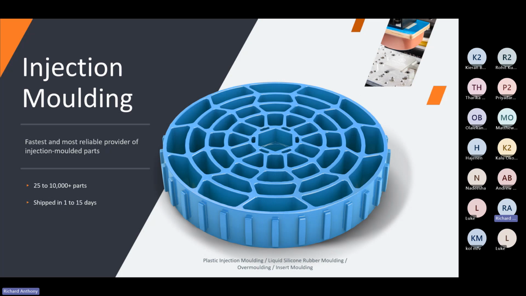So we can very, very quickly determine whether a CAD design is suitable for our injection molding process. We can highlight lots of feedback, as the example in that online quote in the previous slide was showing. So we can provide all that feedback. We can work with you with adjusting the design if it needs to be adjusted.